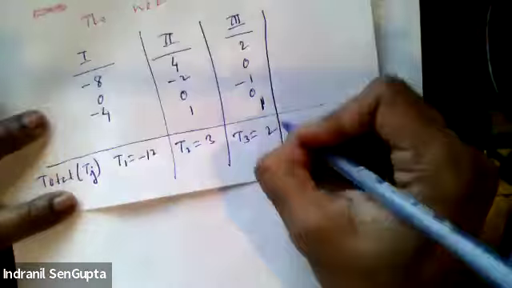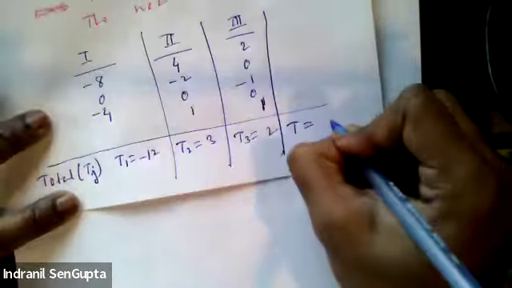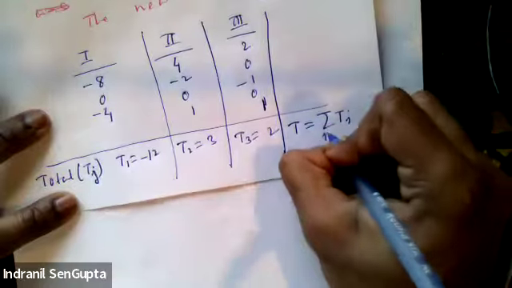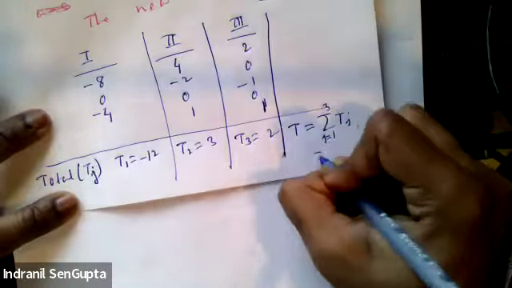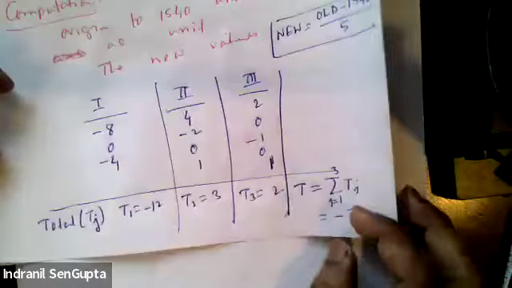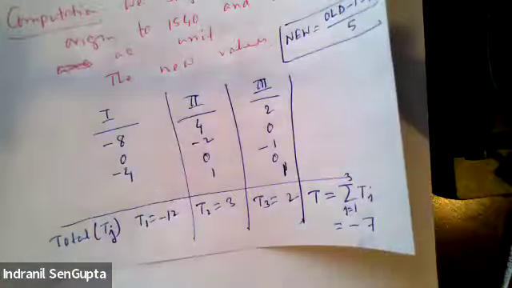So the grand total T, the sum of these three, is -7. That's the first thing that we did. And then the total of squares. So let's do that.